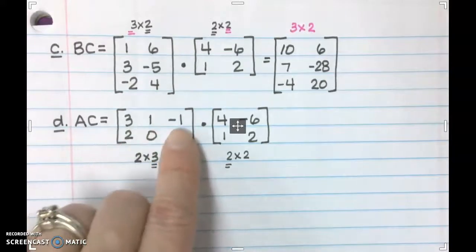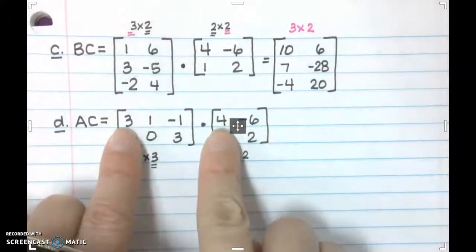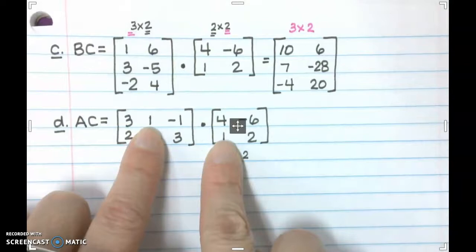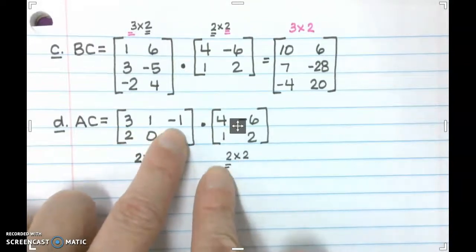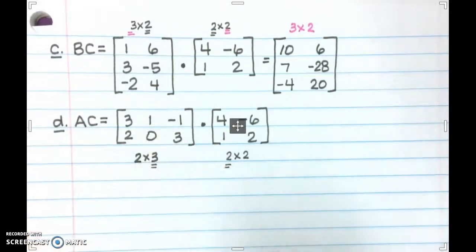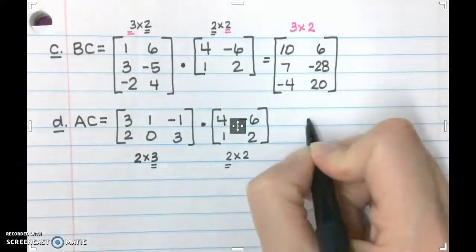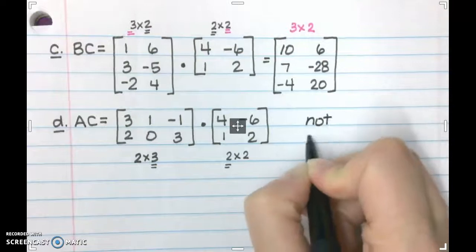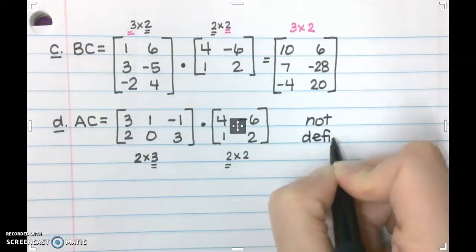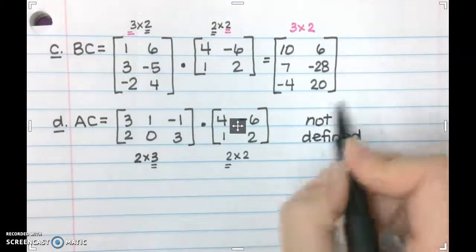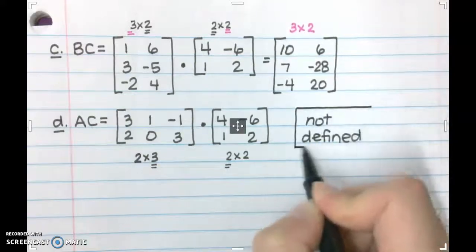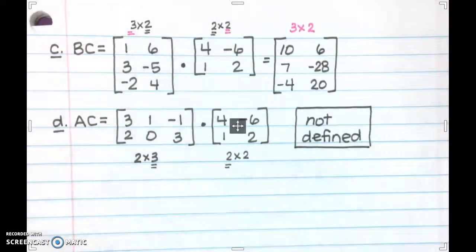If I try to work across this row and down this column, 4 times 3, 1 times 1, I have negative 1 and nothing to multiply by. And so that means that this multiplication is not possible. So this is a chance for us to say this is not defined. This operation on these matrices is not defined. In other words, it's not possible.